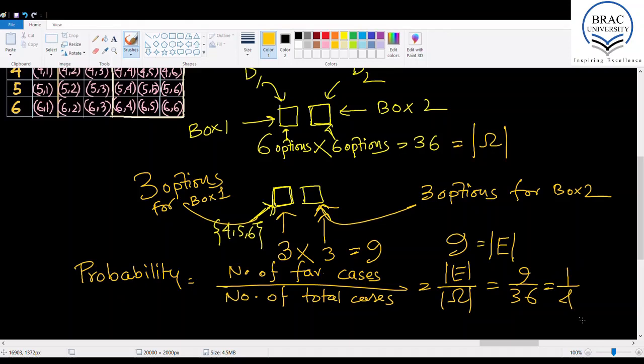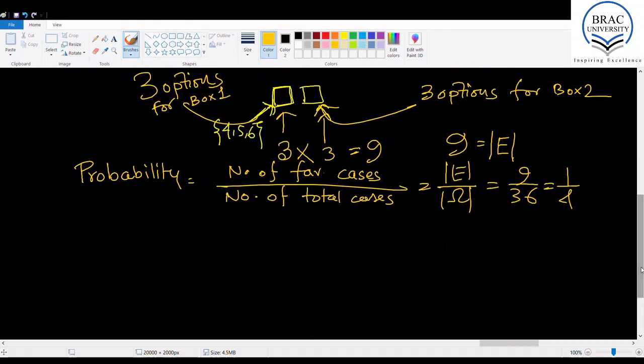So why did we solve this problem in the second method? Because it's relatively easier and it gives us an insight to solve a problem that involves a higher number of dice or a higher number of variables. Okay, so now let's get back to our problem with 3 dice.